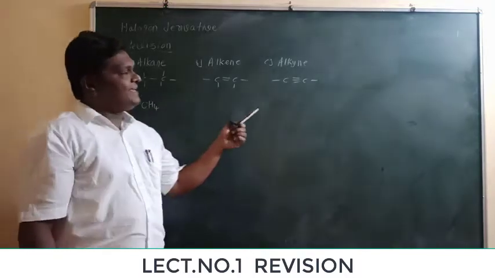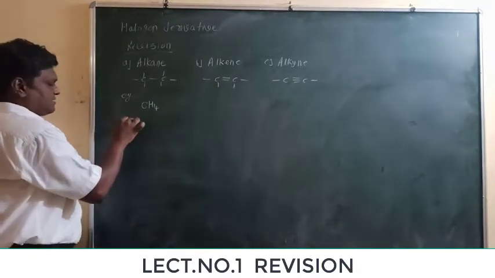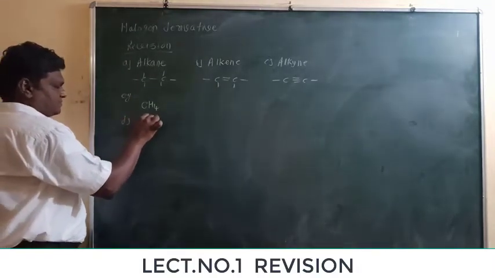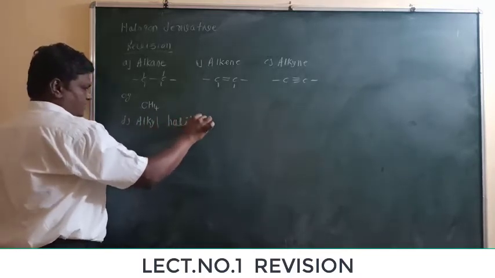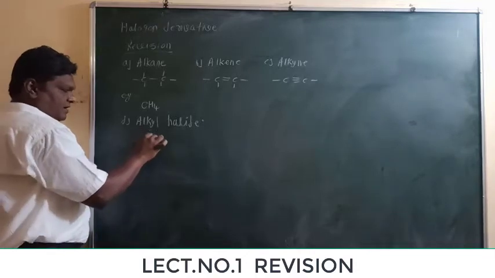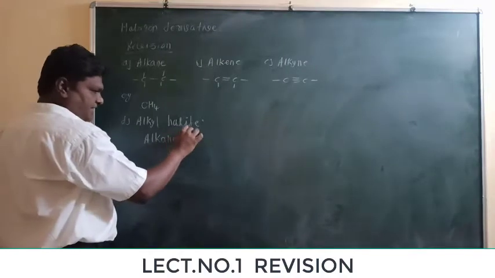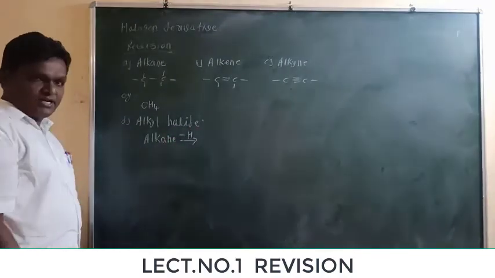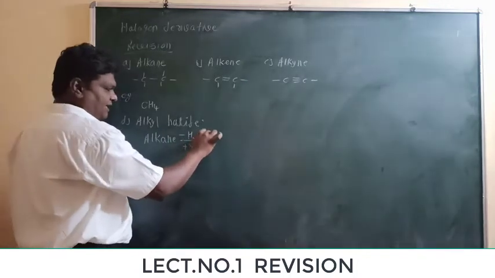After alkane, alkene and alkyne, we have seen one more point that is called alkyl halides. Now how are these alkyl halides obtained? Alkyl halides are obtained by replacing one of the hydrogen atoms of an alkane, removing the hydrogen atom and adding a halogen atom, and you will get an alkyl halide.